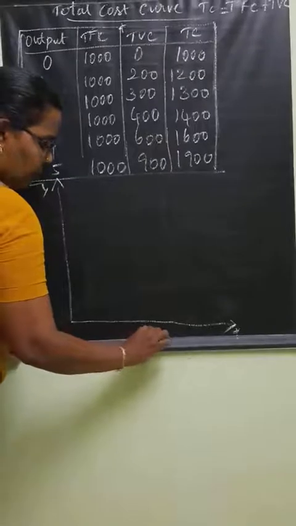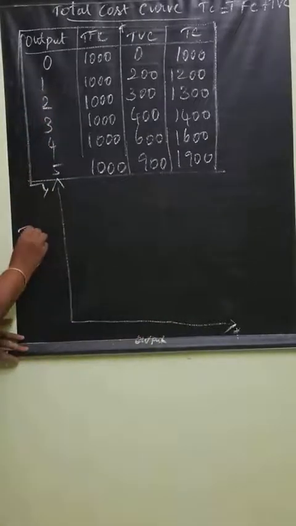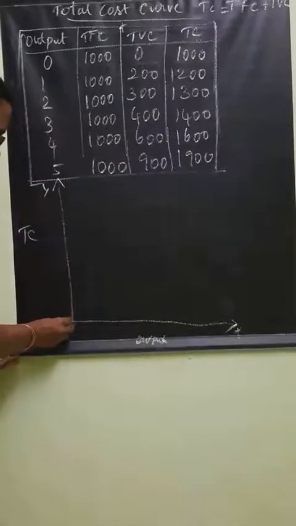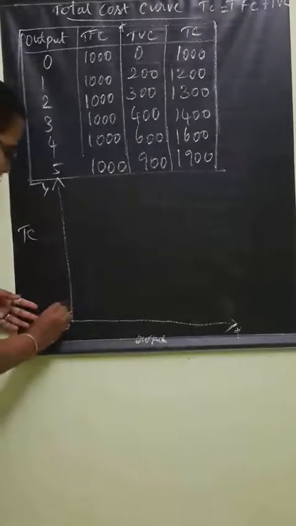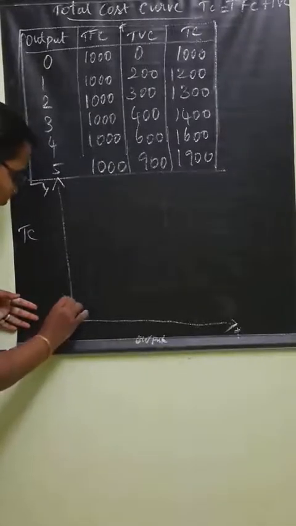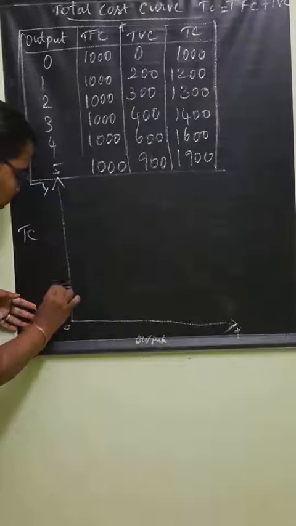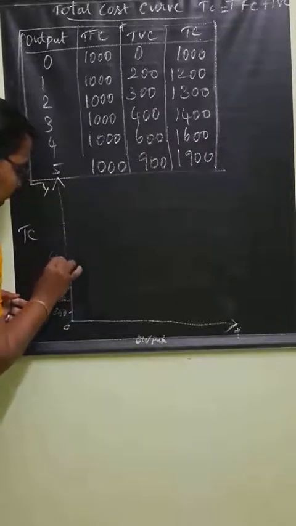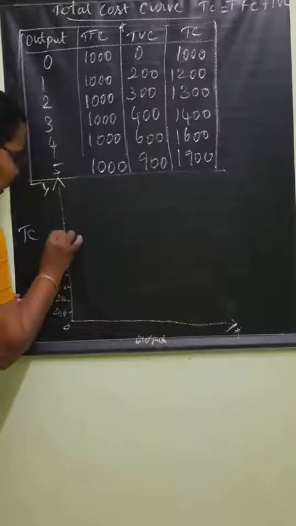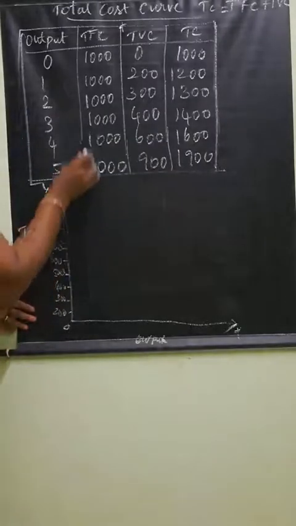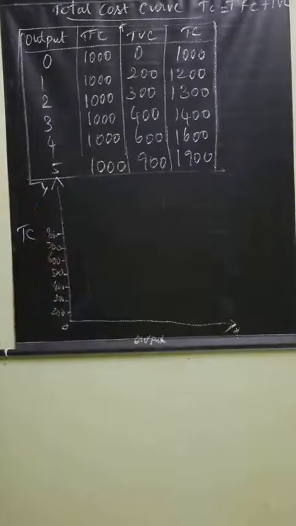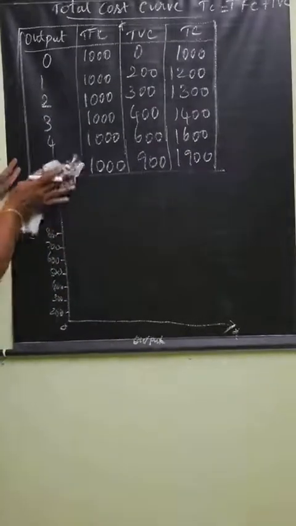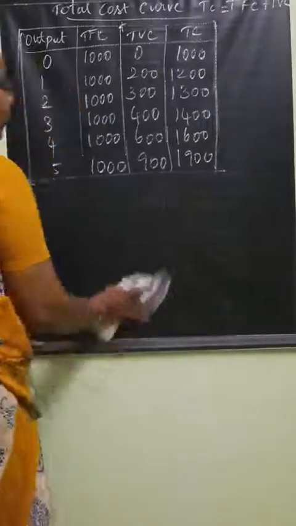Here output, here total cost, isn't it? This is 0, 200, 300, 400, 500, 600, 700. It has to go up to 1900. So the page won't be enough. Let me draw a big diagram, okay?